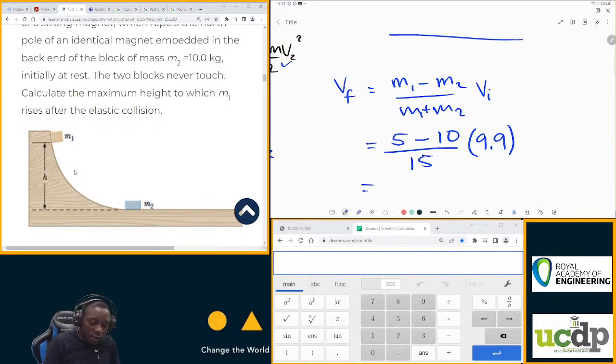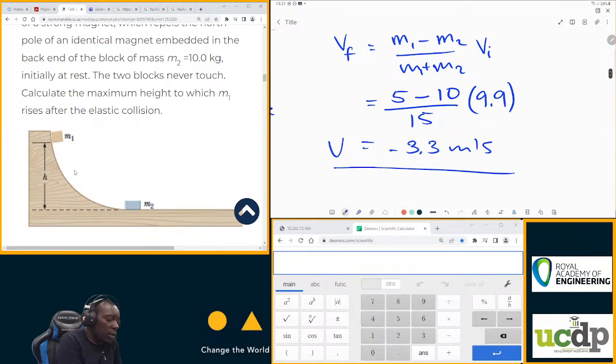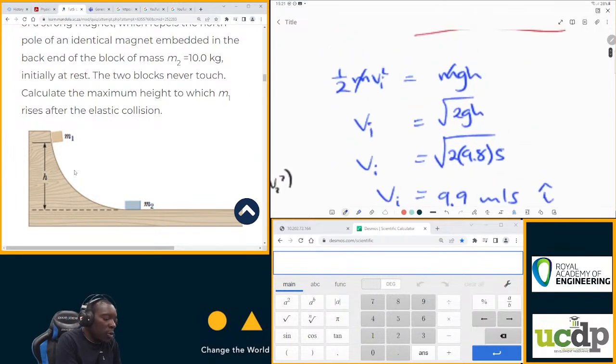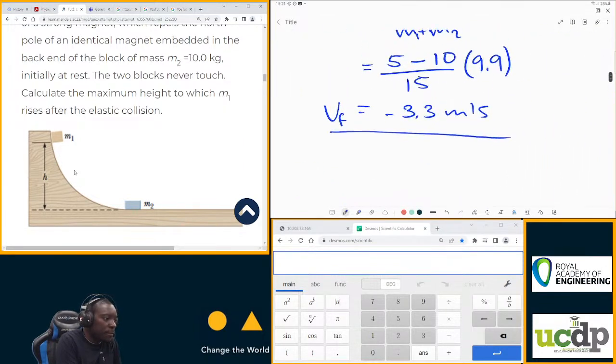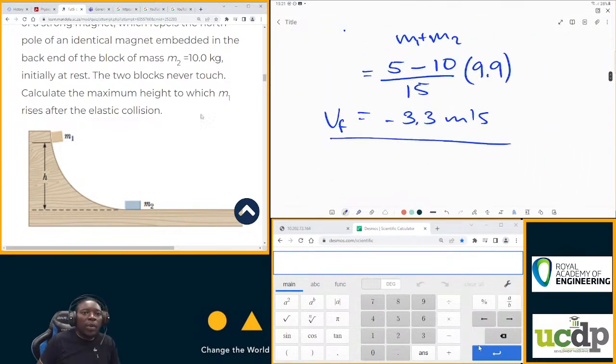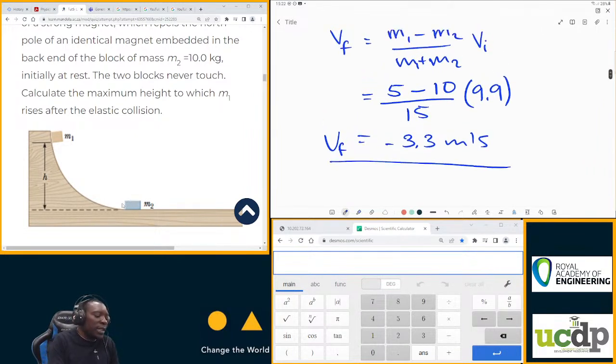And this gives us minus 5 over 15, minus 1/3, so that's 9.9 over 3. That's negative 3.3 meters per second. So block M1 rebounds from M2 with an initial velocity of 3.3 meters per second.